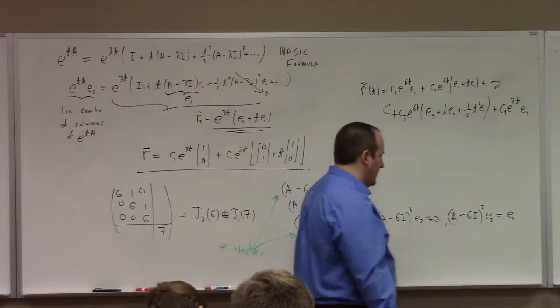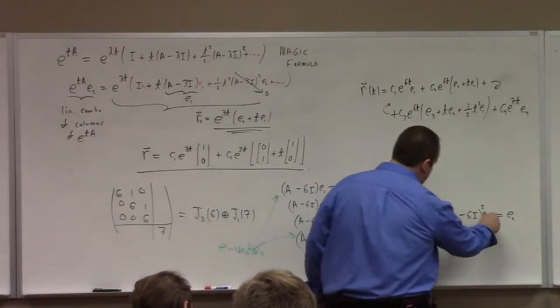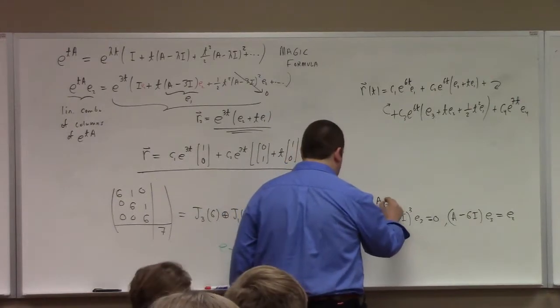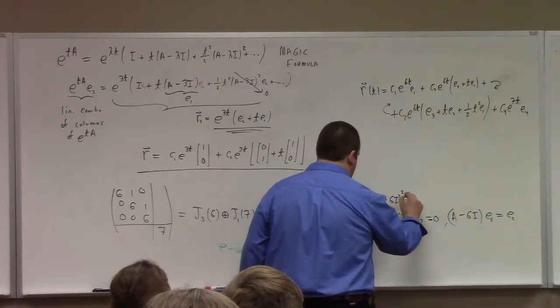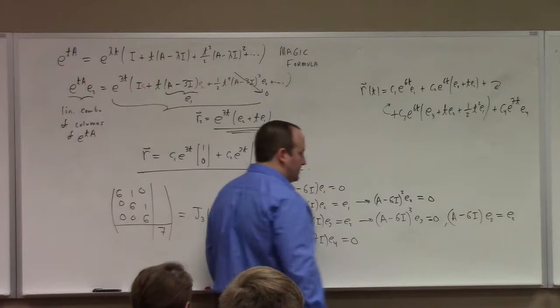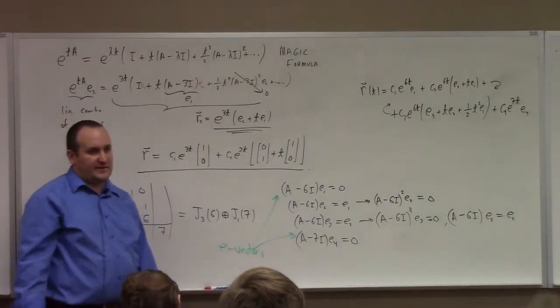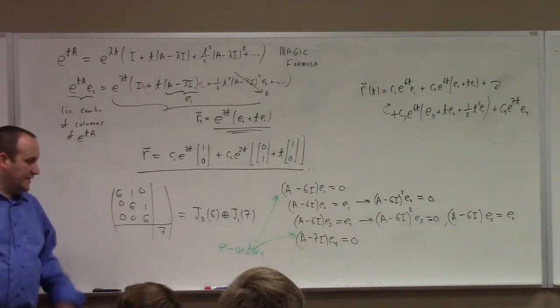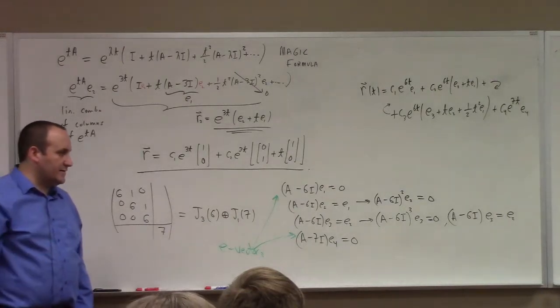And a minus 6I squared on e2 is equal to 0.